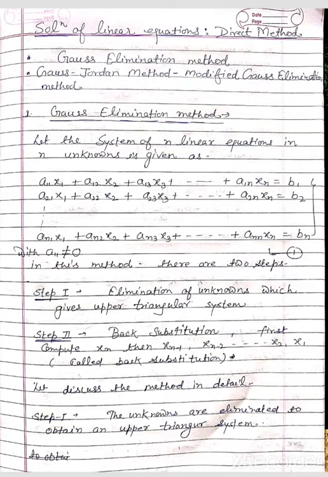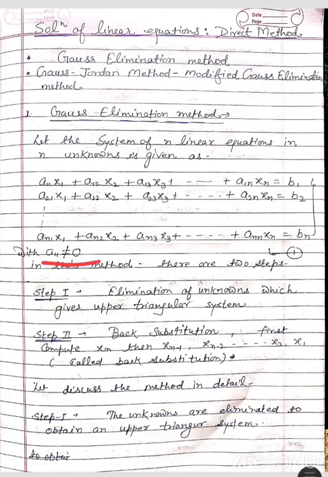Under this condition, this equation 1 is called the pivot equation and a11 is called the pivot or pivotal element. So this method is applicable when a11 is non-zero.